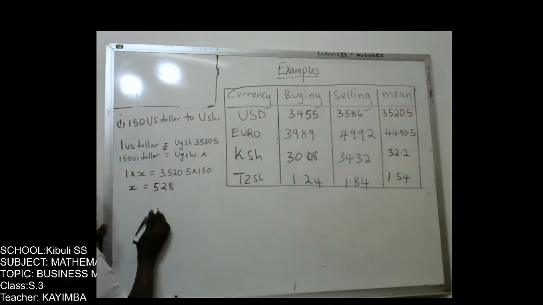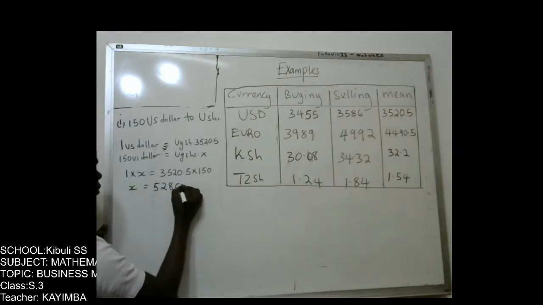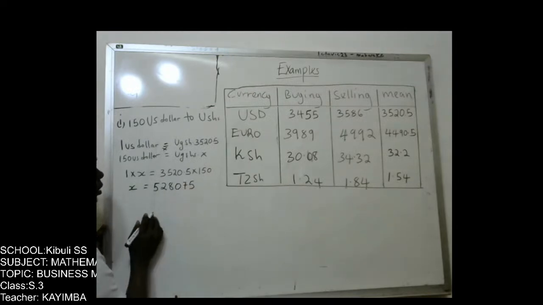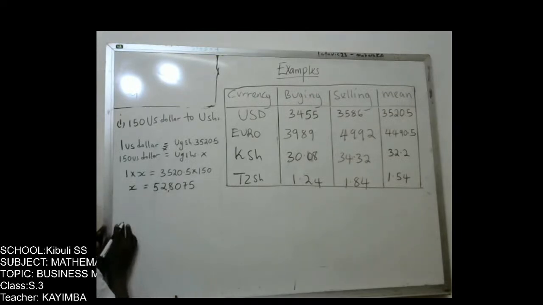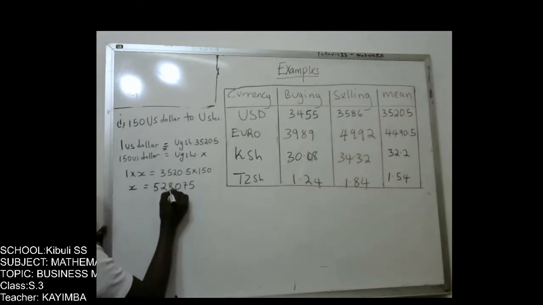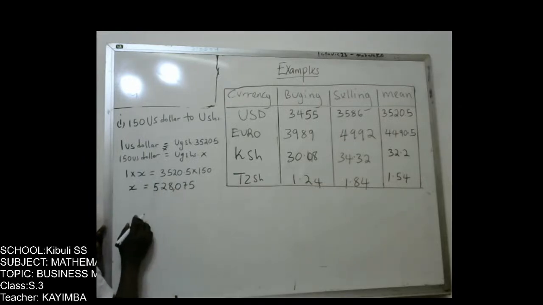528.075. No point. Like that. The comma is after this. So a person is getting 528,075.